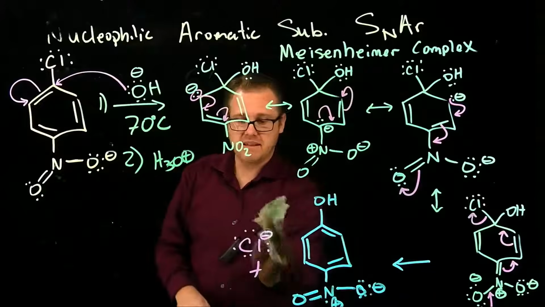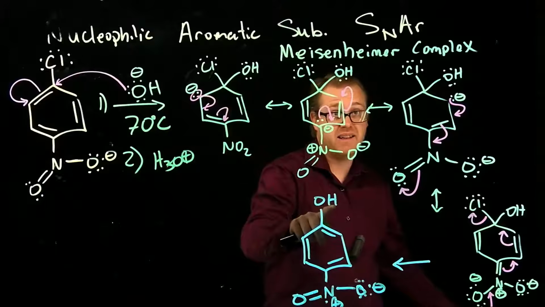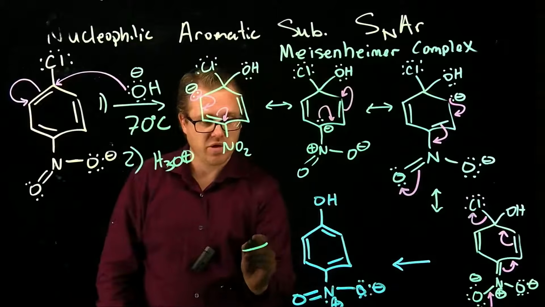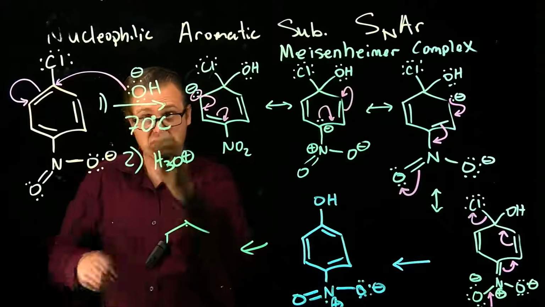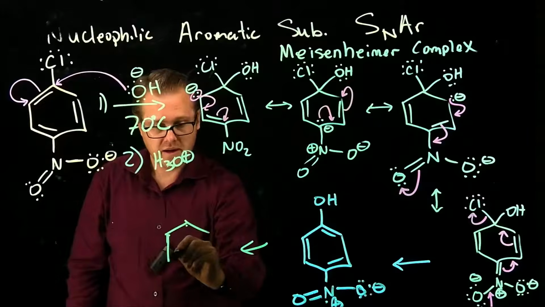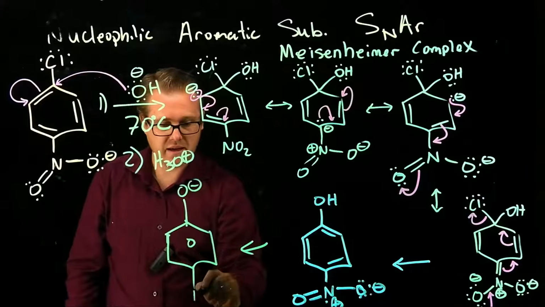And under basic conditions, the phenol right here is pretty acidic. And so under basic conditions, your product after step 1 right here is actually going to be the alkoxide.